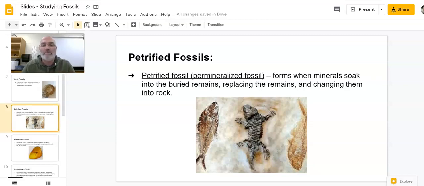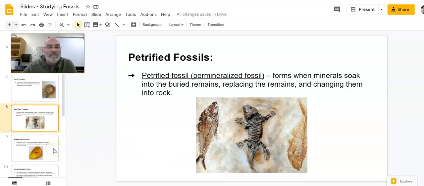And then those remains solidify into a form of rock. So what you're looking at in this particular picture are not the actual remains of the animal. It's minerals that replaced the remains of the animal and then solidified into a form of rock.